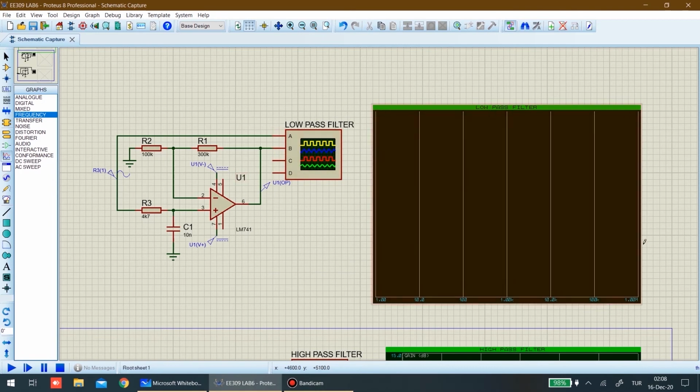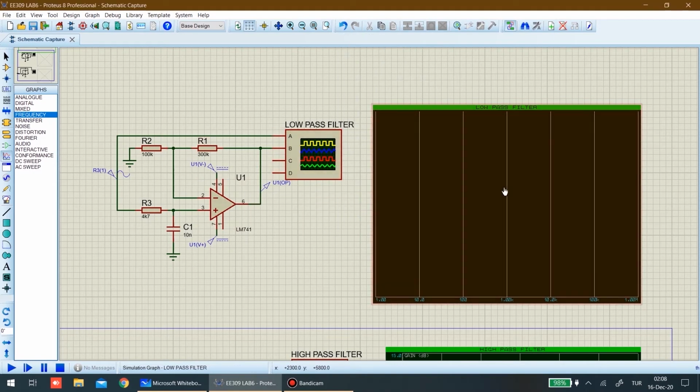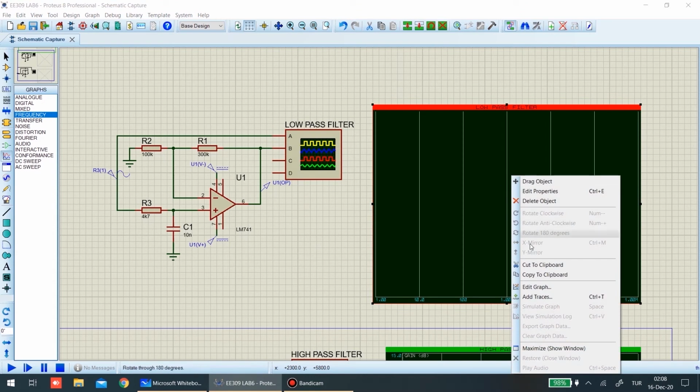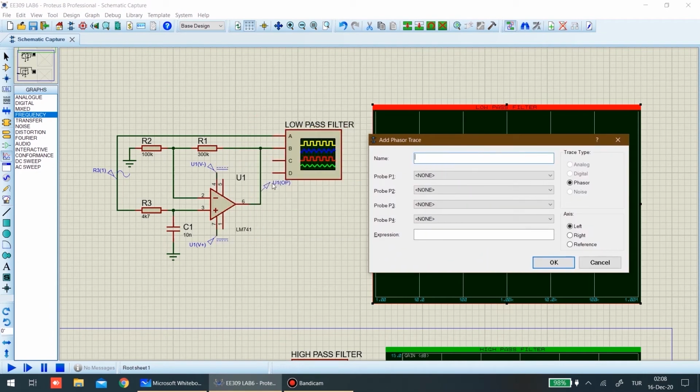It's again a blank graph. We forgot to add an output. Right click on it, add traces, and probe P1. What is it?